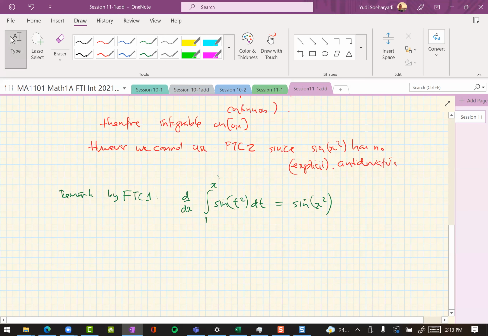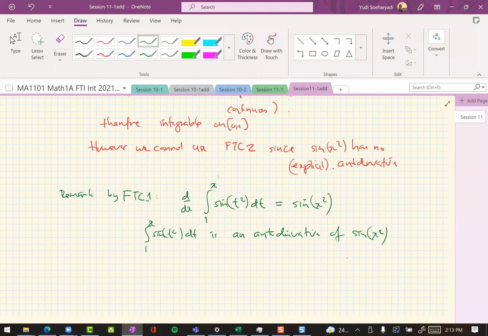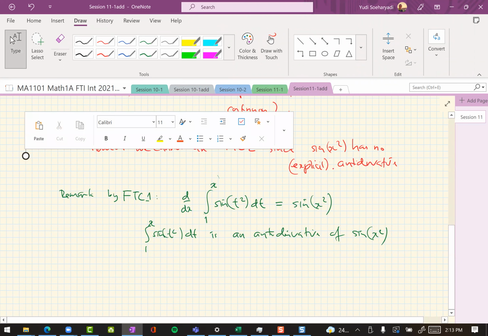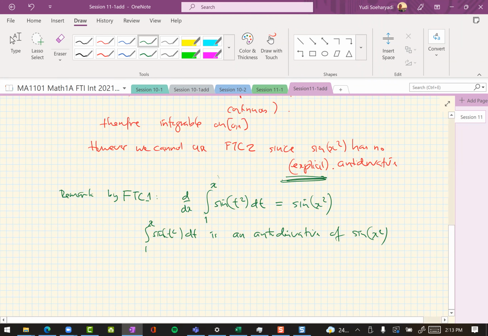So what it says is that this integral is an antiderivative of sine x squared. So it is not a problem of having no antiderivative, but just that the antiderivative is not explicit. The antiderivative is still in terms of an integral.